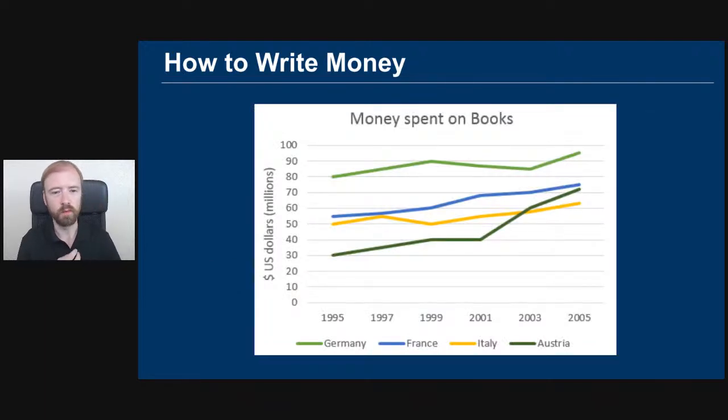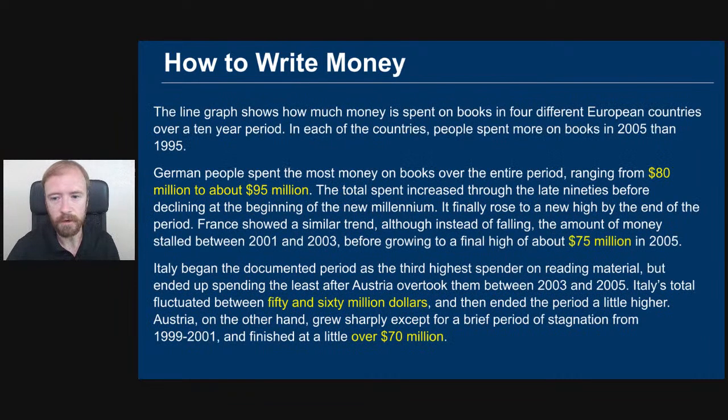All right, so we're given this chart. We have to express money in our writing because the chart is talking about money, and we have to do some comparing about money between the countries. I'm not going to go over this in too much detail, but here is the writing task one.